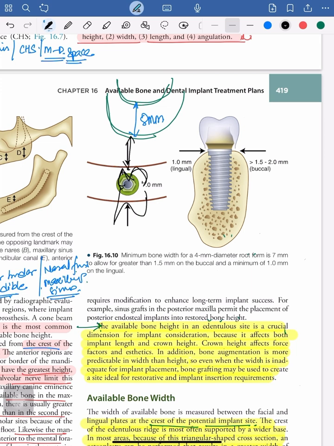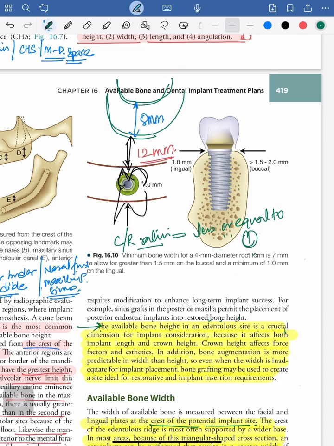Over here we have a crown height space of around 12 millimeter. Now we all have read about crown to root ratio, which should be less than or equal to 1.